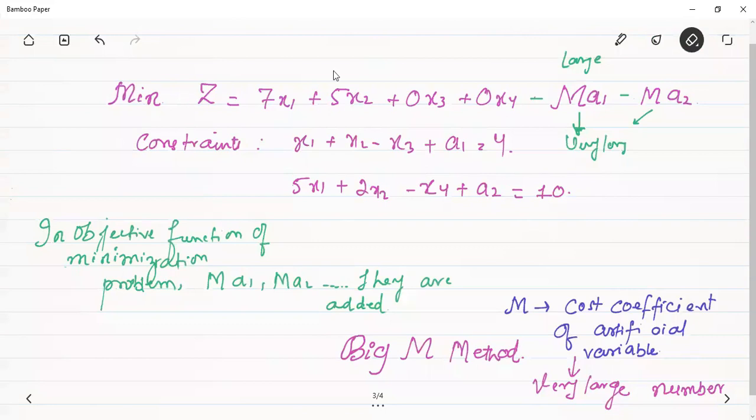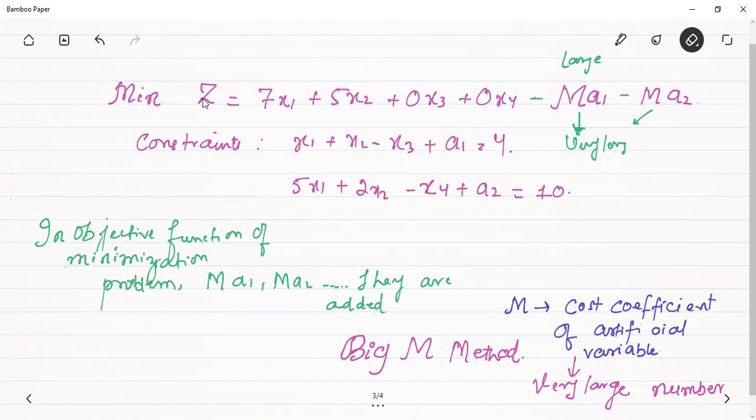Okay, so I hope this is clear why we take this minimization. This is a very large number and it will favor minimization.